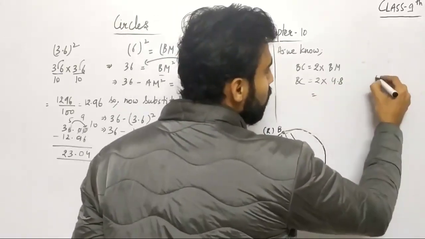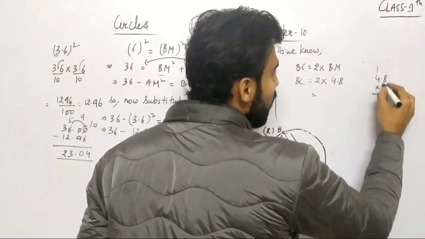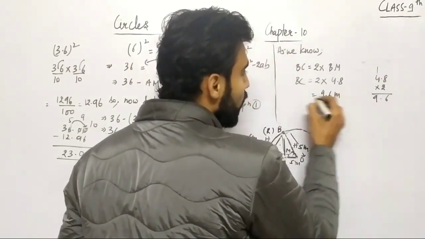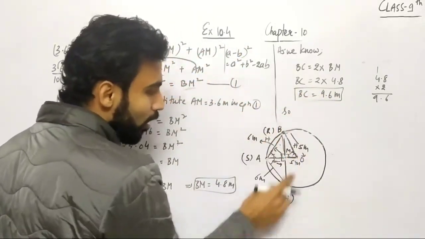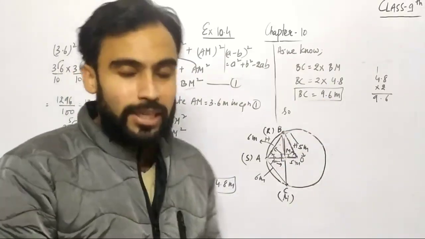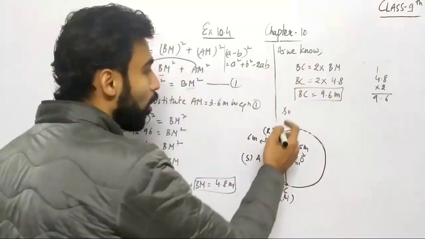Now you can see if I just multiply 4.8 by 2, so 2 8s are 16, 1 carry, then a decimal, 2 4s are 8 plus 1, 9, so that will be 9.6 meters, right? So यहाँ पे मेरे पास जो distance है रेशमा और मनदीप के बीच में, that is BC, that is 9.6 meters, right? So this is how we have reached the solution of this question.